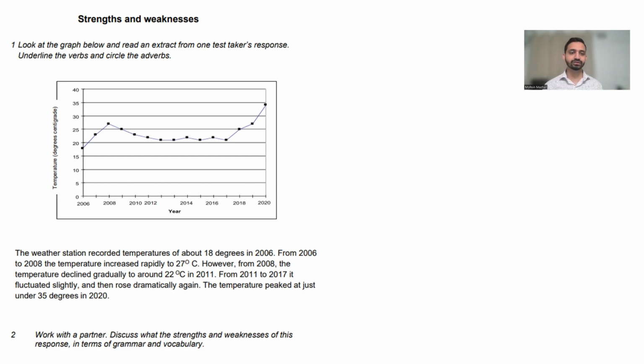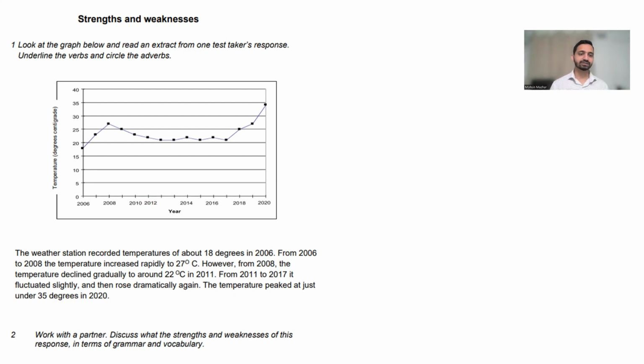And on the horizontal axis, we've got 2006 to 2020. And the line graph shows us a trend. It goes up from 2006 to 2008 and then steadily drops. Some of the years it remains steady, but then it starts rising from 2017 to 2020, right?